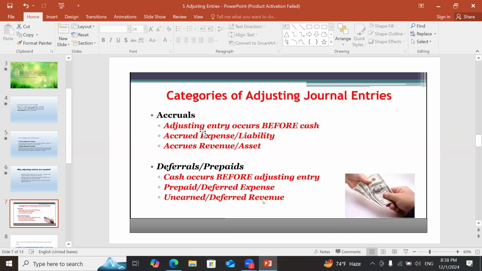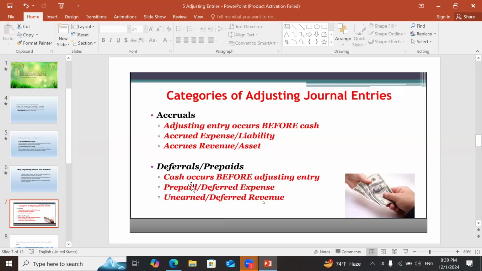Under the accrual basis, adjusting entries occur before cash. Cash is received in the future or later. Accrued expense is a liability, and accrued revenue is an asset. Accrued expense is a liability, payable. And accrued revenue is an asset, you will get it in future, receivable. Very carefully mind it.